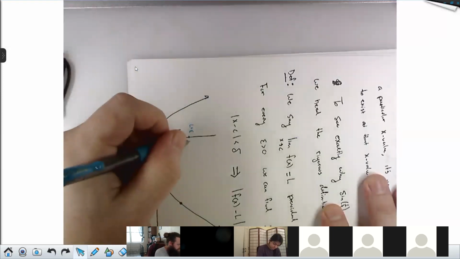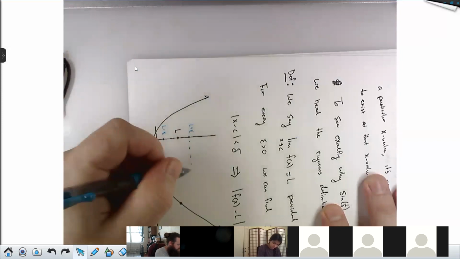And they specify an epsilon window about L, as carefully as I can here.